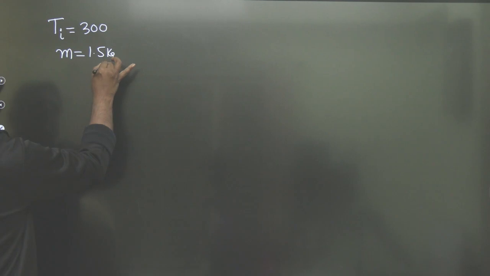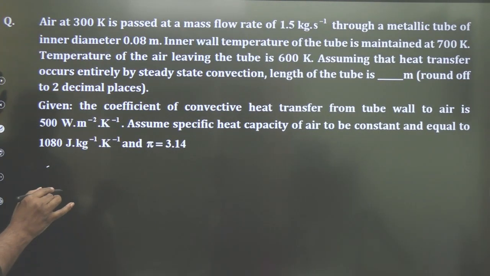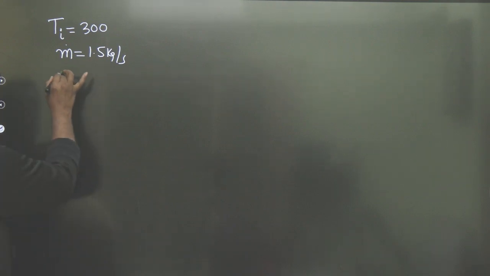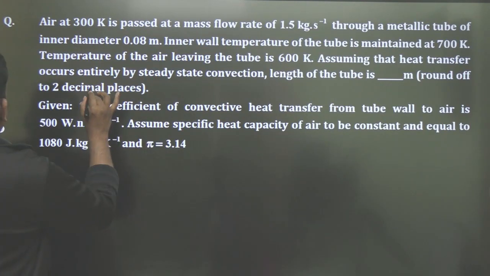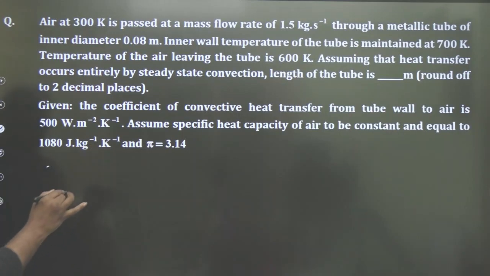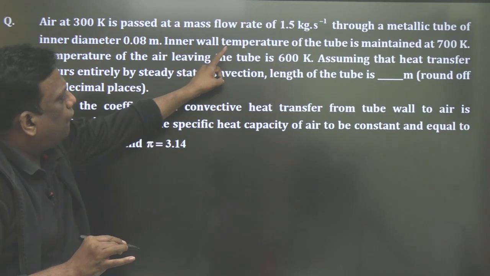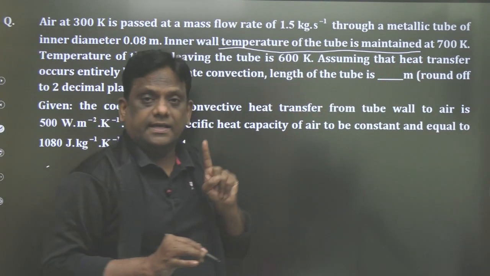The inner diameter of the tube is 0.08 meter. Now, the inner wall temperature of the tube is maintained at 700 Kelvin.